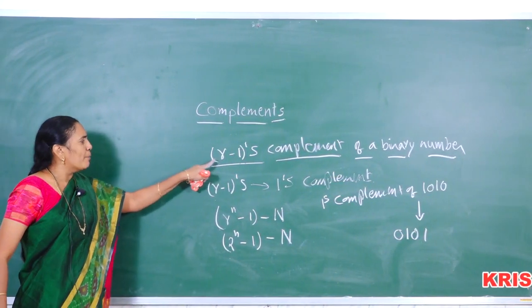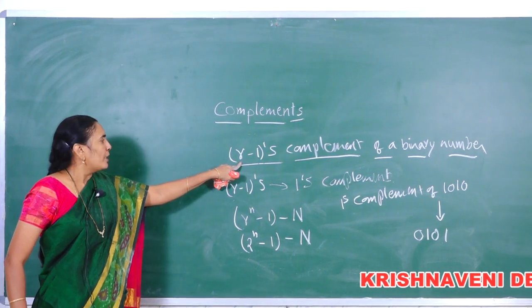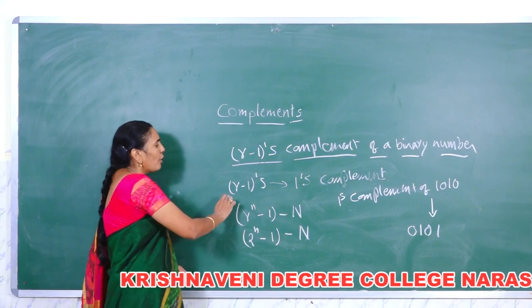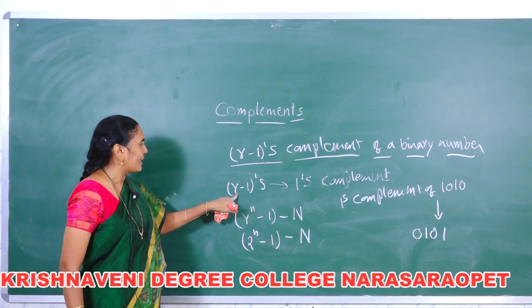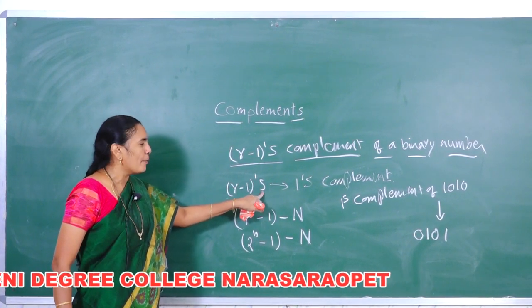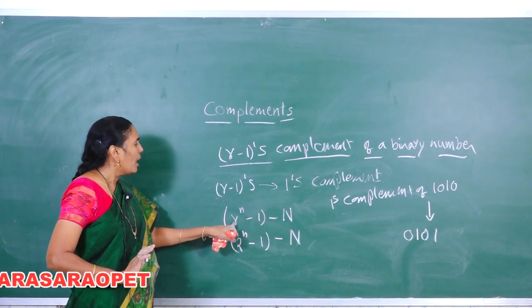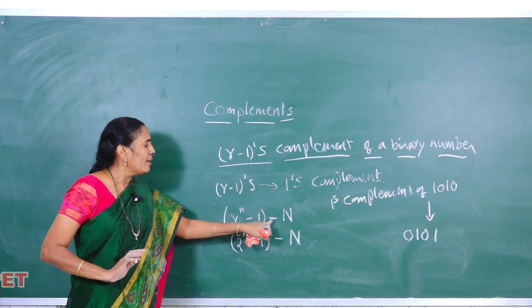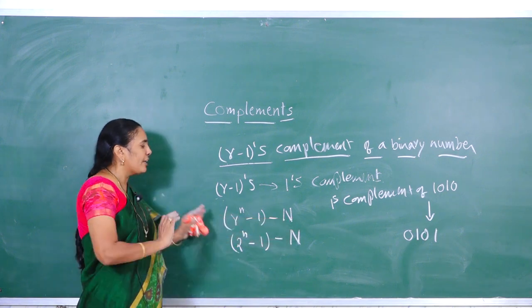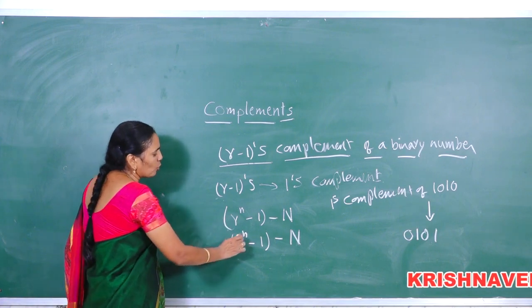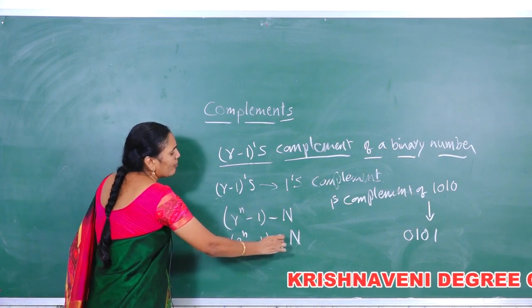So for a binary number, the base r is 2. Previously we have discussed that the r minus 1's complement of a decimal number is obtained using the formula r to the power of n minus 1 whole, subtracted from the given number. So here the base is 2, 2 to the power of n minus 1 minus n.